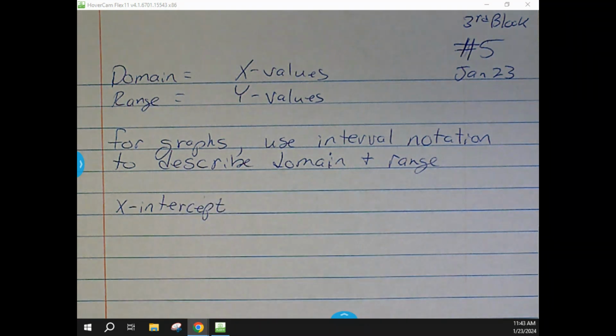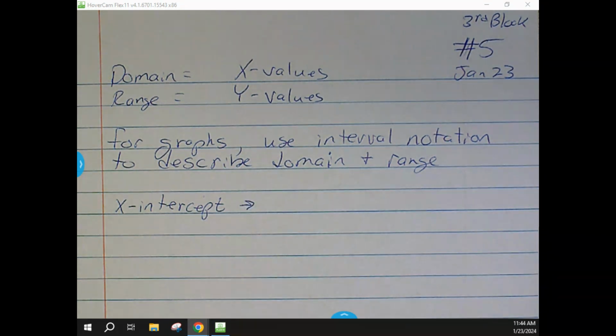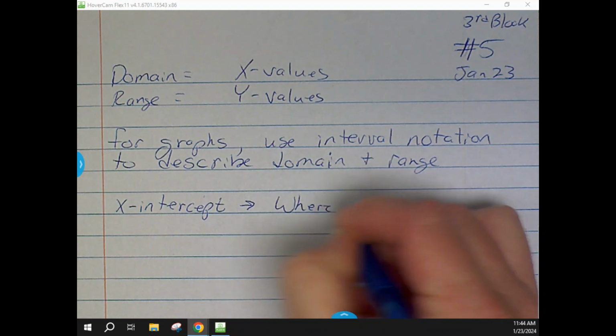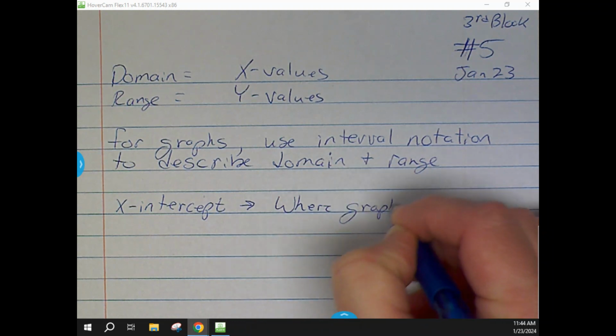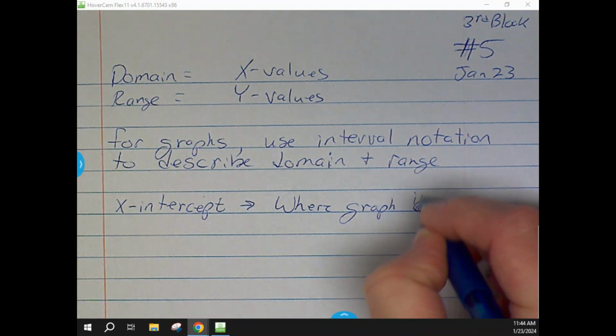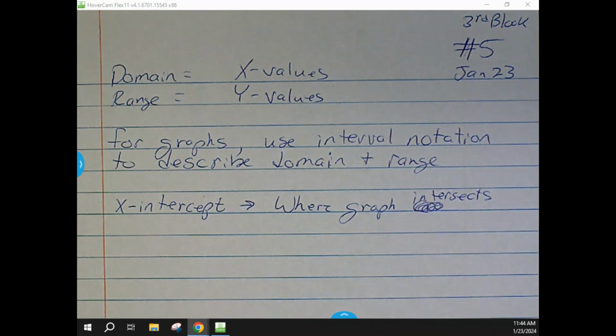Okay, and the x-intercept. I can't remember if we talked about these or not. But the x-intercept is where the graph crosses the x-axis. I guess the technical word there is intersects.